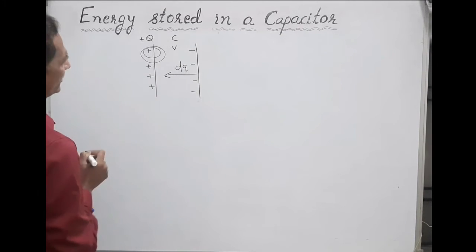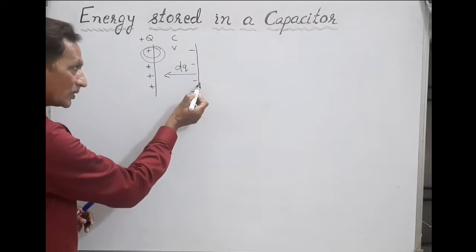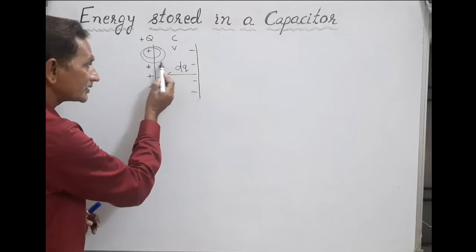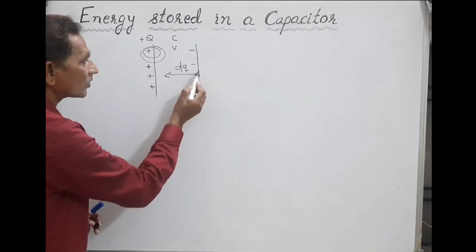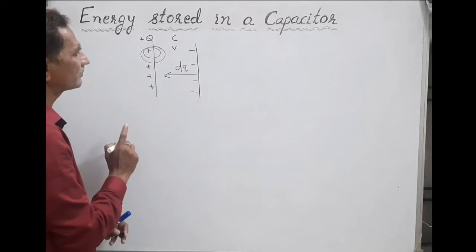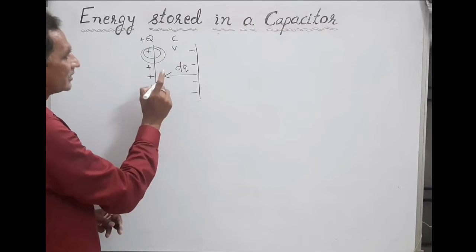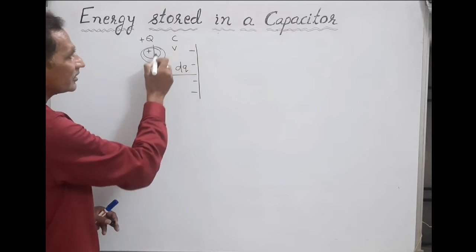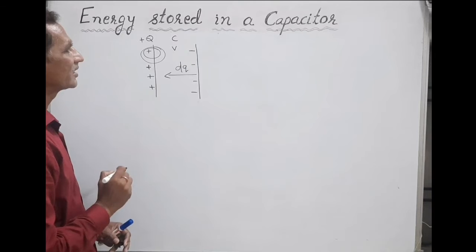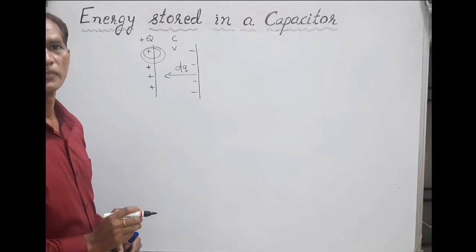From this we understand that to transfer a charge from one plate to another, external work is done. That external work done is nothing but the electrostatic potential developed between the two plates, and that is stored as energy in a capacitor.